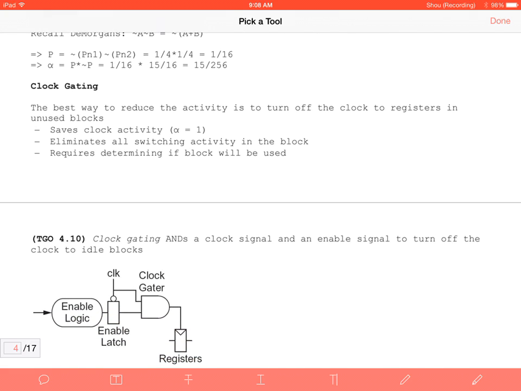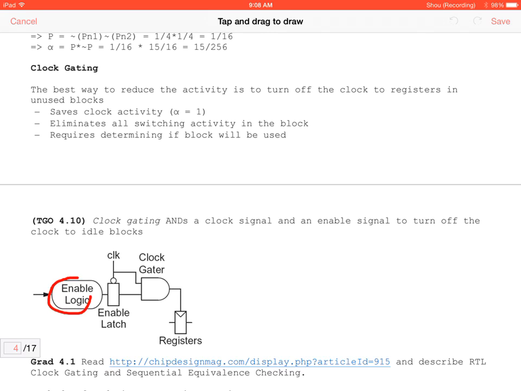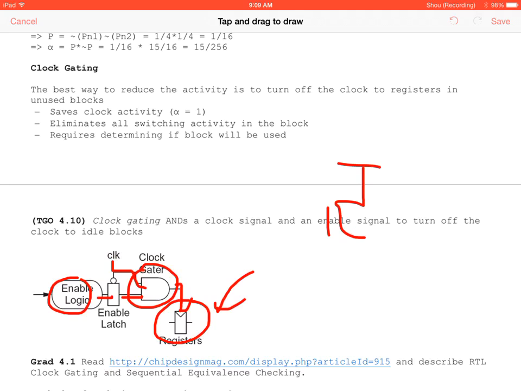We also briefly went over clock gating. The whole idea of clock gating is you have some sort of enable logic, a control, and here you actually have what you're trying to calculate. So you have a clock, and based on the enable logic, you ultimately want both of these to be a 1 so you can have your gate. Once they're both 1, then you will actually power the chip. The reason is, if you recall, you have a basic inverter and your inputs and outputs, right?